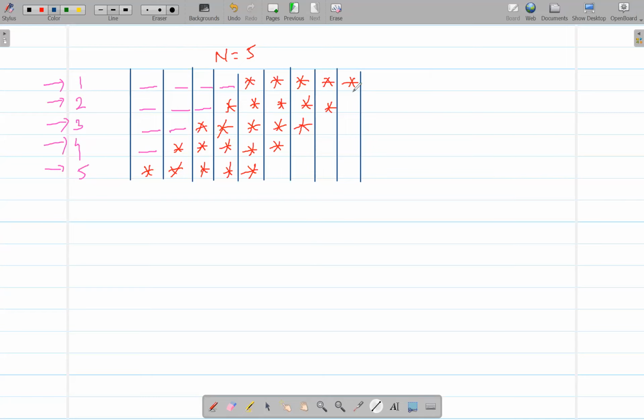If you see, these are 5 and this is 4, right? And at the last, we are getting the star, not a space. So for the outer loop, for the number of rows, we are running the loop from 1 to n, right? What about the inner for loop? Tell me.